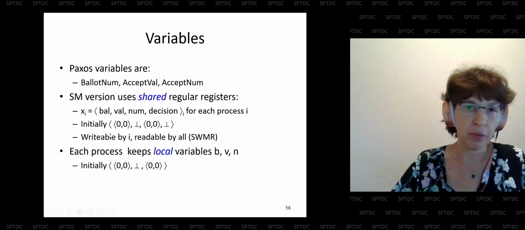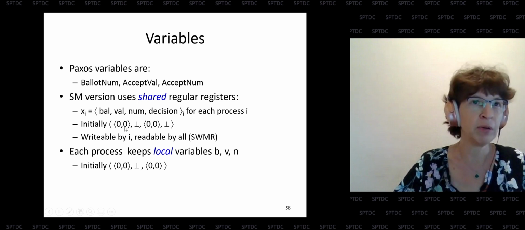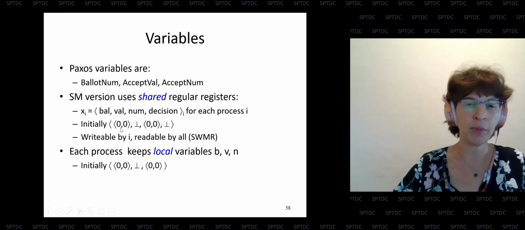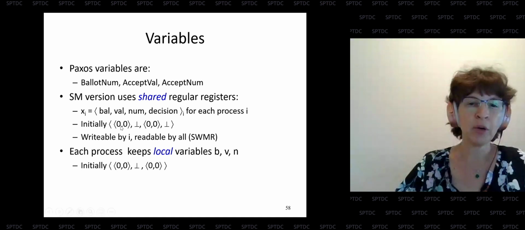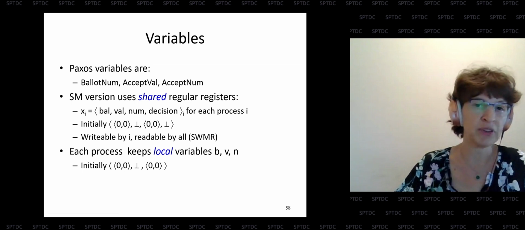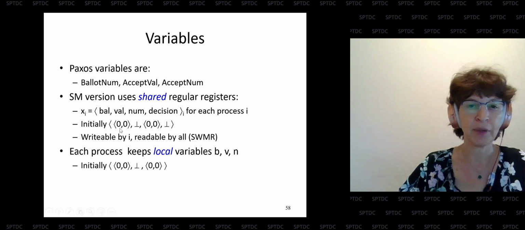Okay, so these are the variables. When we start off, the ballot number is 0, 0. Why is it a pair? Why is it not an integer? Well, you may remember from when we talked about ABD, I said we need to break ties by process ID, so the same is true for Paxos. So the ballot number is going to be a pair where the first element of the pair is a monotonically increasing counter, and the second one is the process ID in order to break ties.